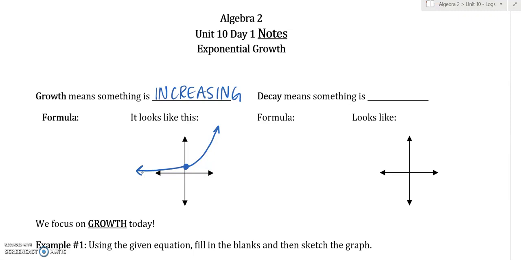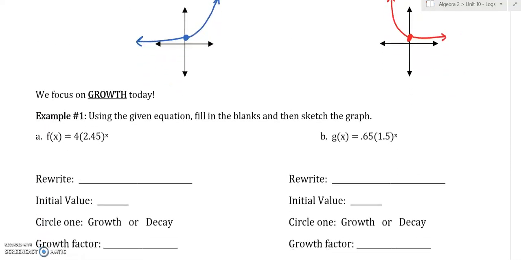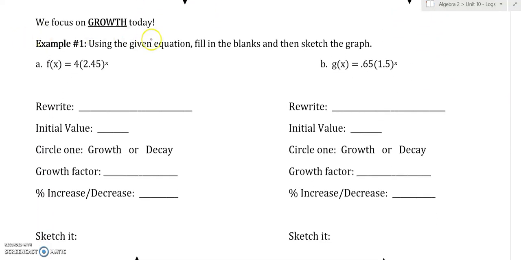Decay, on the other hand, is going to be something that is decreasing or going down, getting smaller, something like that looks like that instead.